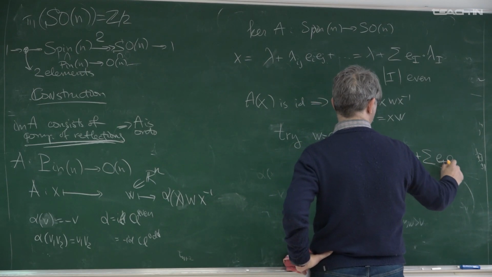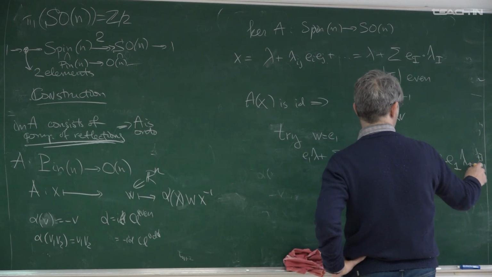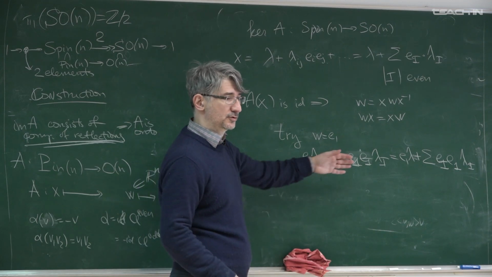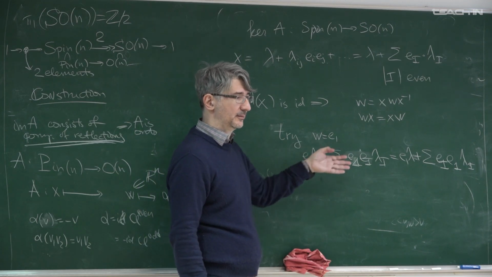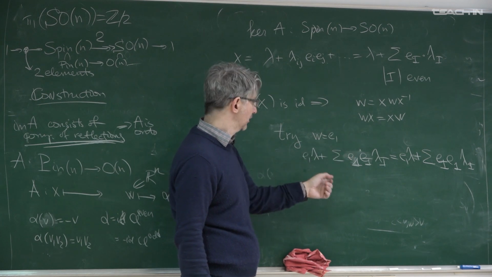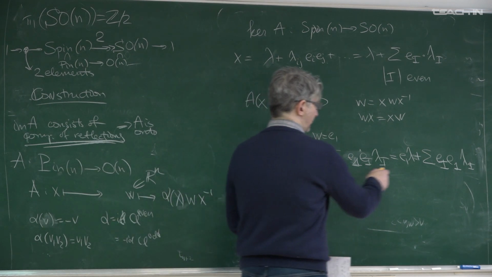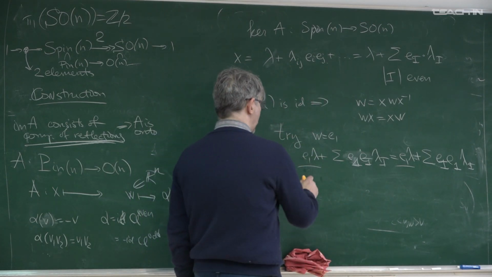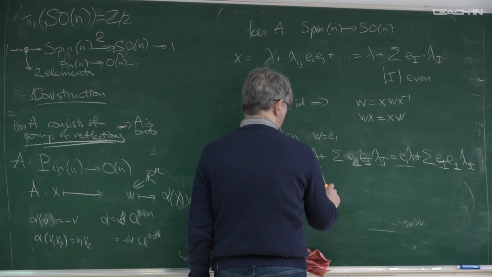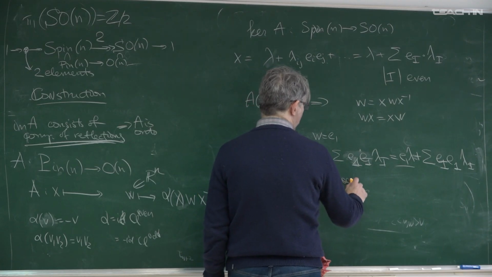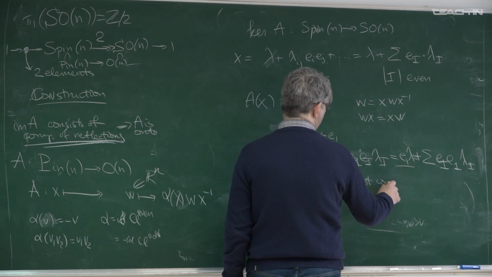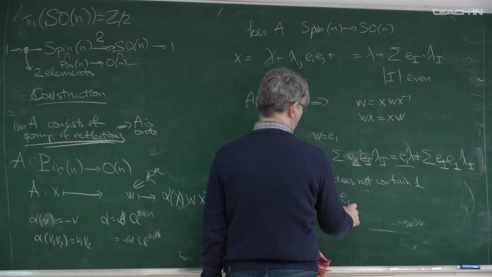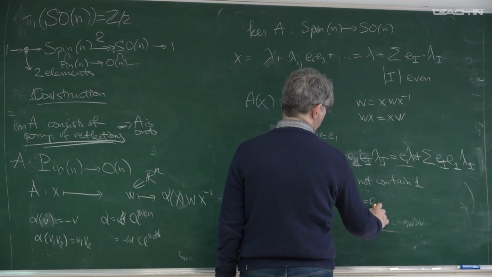So e1 and e_I, lambda_I. This is an expansion in the basis, so we should check summand by summand whether they coincide or not. This is okay, they do coincide, no condition. If I does not contain 1, then e1 e_I is equal to e_I e1.